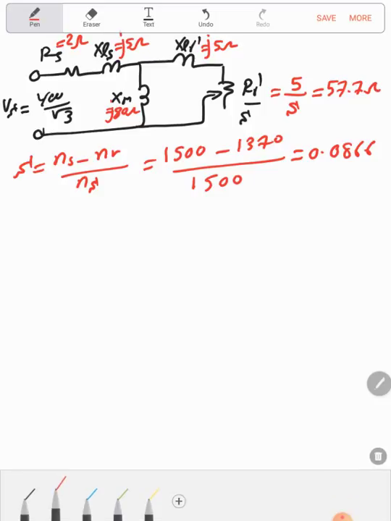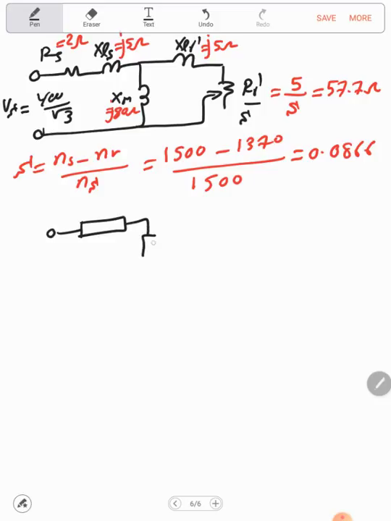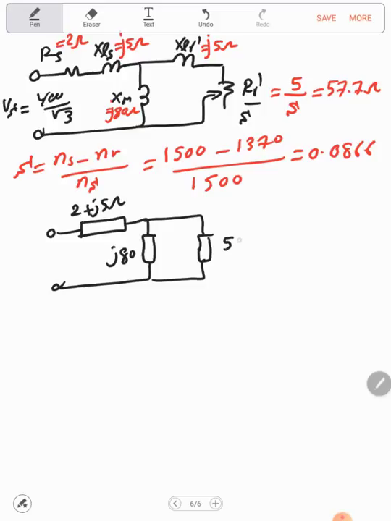Now we have a simple circuit consisting of two impedances in parallel with one impedance in series. This will be 2 plus j5 ohm, this will be the j80, and this will be the 7.7 plus j5 ohm.